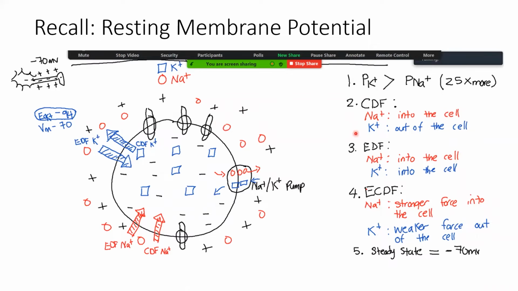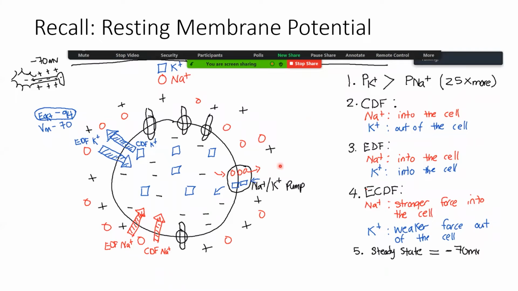The second thing we want to take into account is the chemical driving force for both of these ions, which is determined by the concentration gradient. And in order for us to establish the concentration gradient, we want to recall that the sodium-potassium pump is on the membrane of our cells, pumping potassium into the cell and sodium out.